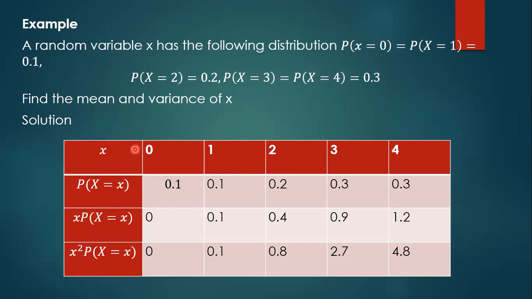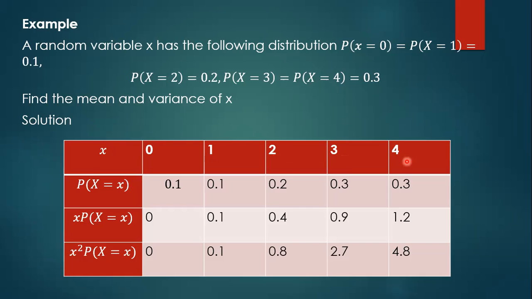So we are beginning by having our x values, which are given in here: 0, 1, 2, 3, and lastly 4. So that is a column. Is it a column or a row? A row. So we have x equaling 0, 1, 2, 3, and 4.